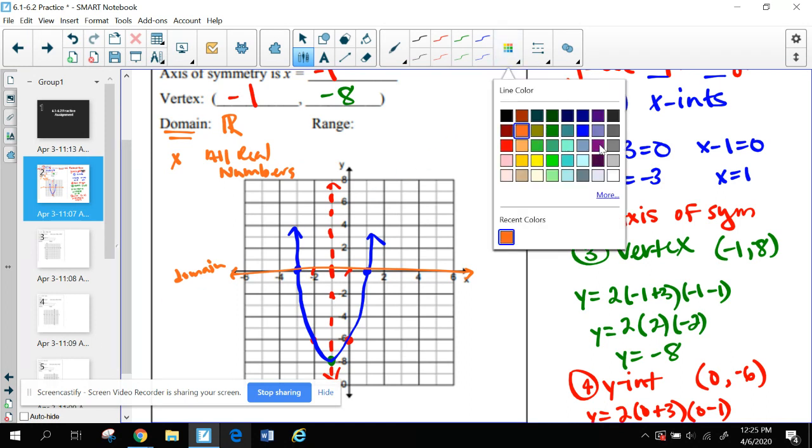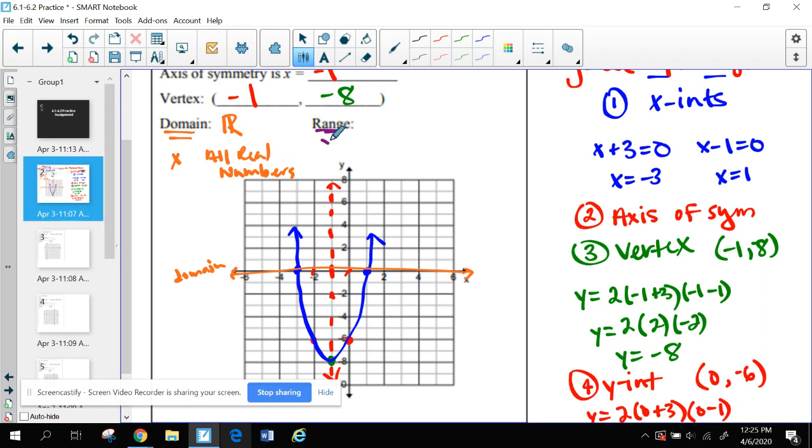For the range, we're talking about our y values. Here we have a lowest y value at negative 8, and then we're using everything above it. So we use an inequality: y is greater than or equal to negative 8.